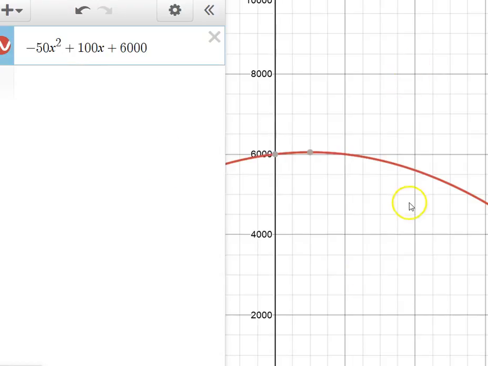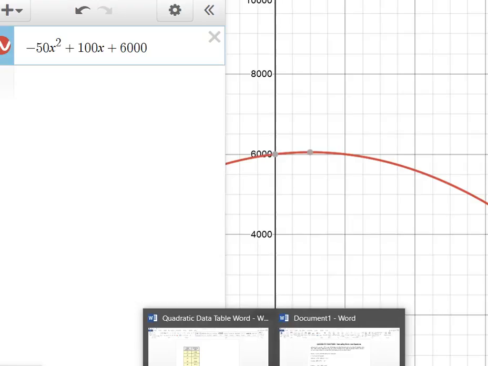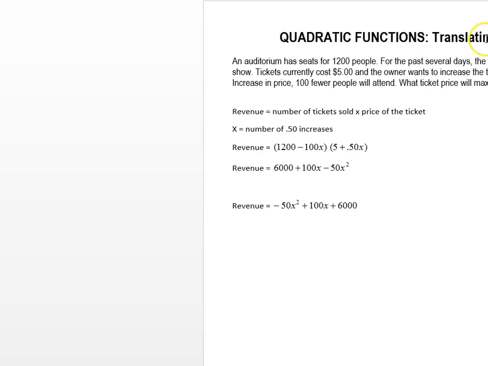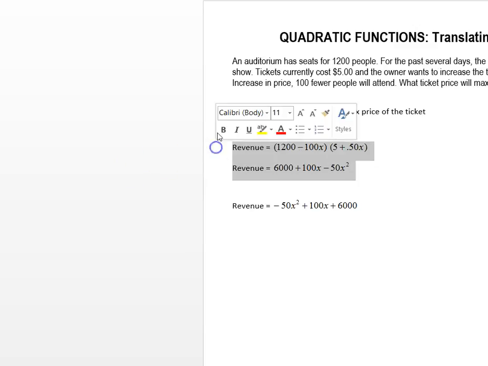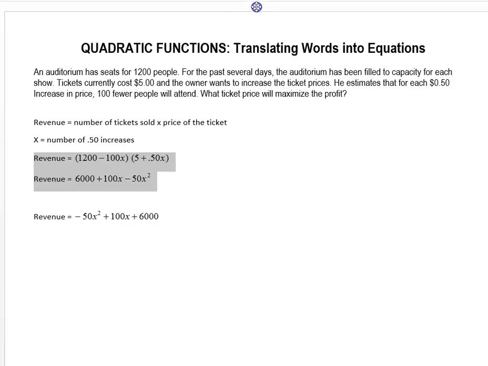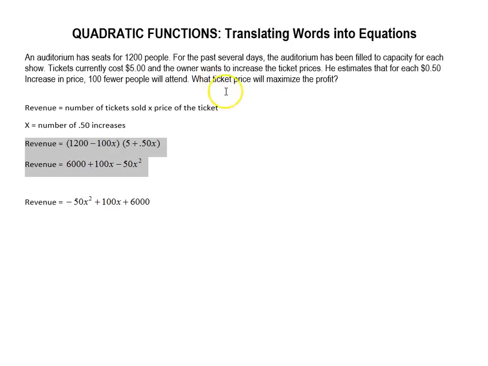So remember, when you are creating this, let me switch back to here. Here we go. When you're translating into a quadratic function, you're going to need 2 binomials, right? The first thing you should always do is to write out what the common sense equation is.